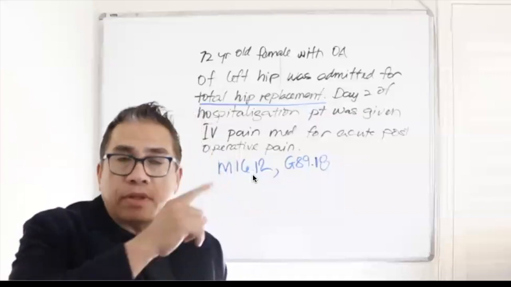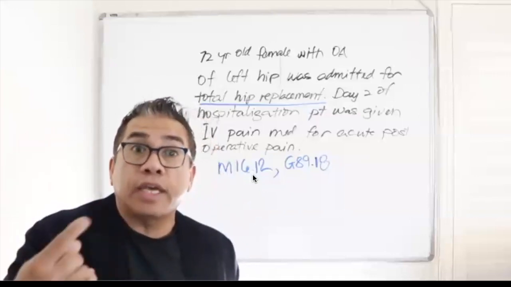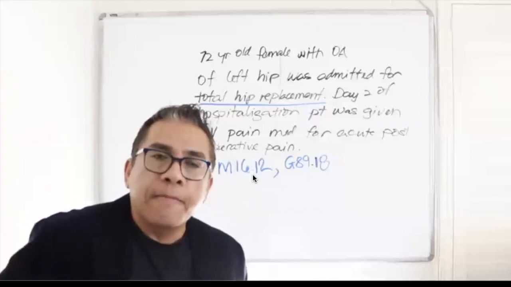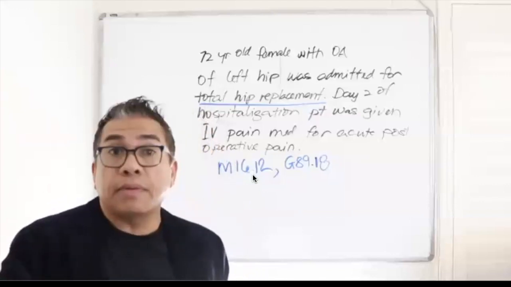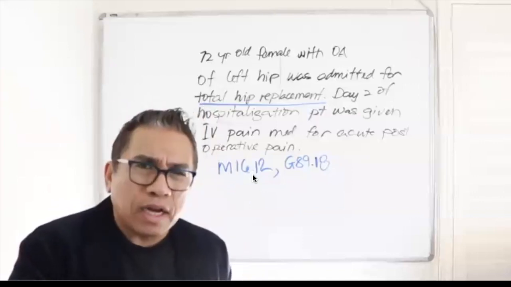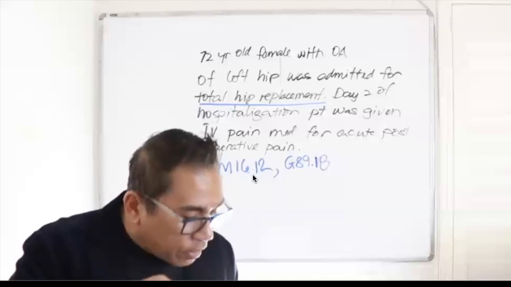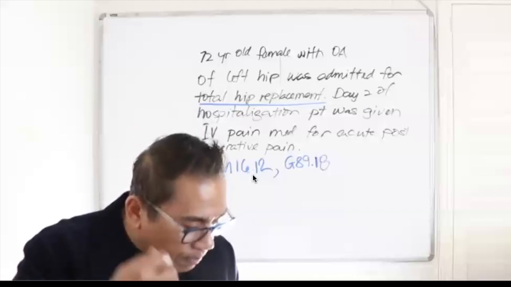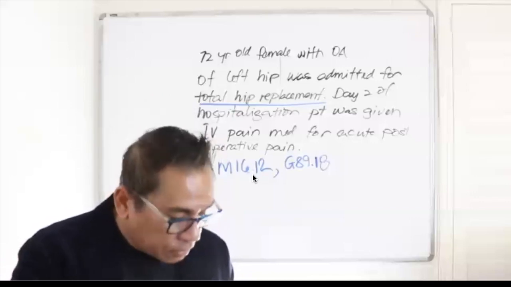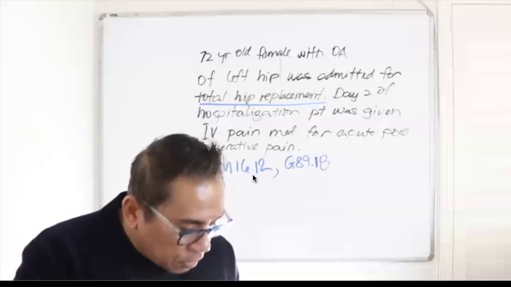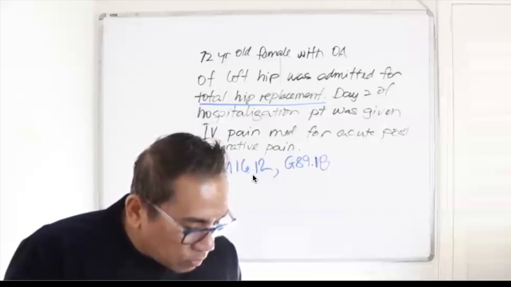Let's use the scenario we had on the board earlier, which is hip replacement, a patient having pain due to a prosthesis used in hip replacement. So what are we going to look for now? We're going to look for the joint. Due to device, of a joint prosthesis. You guys see that?